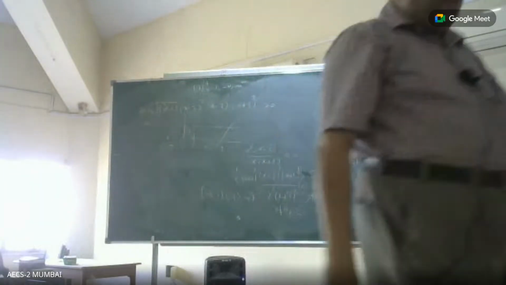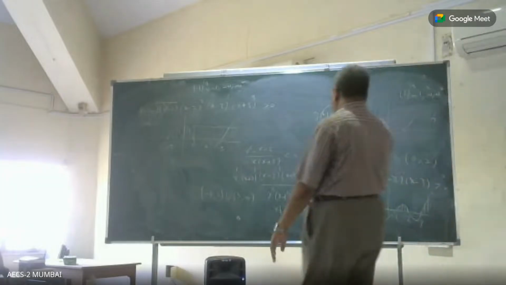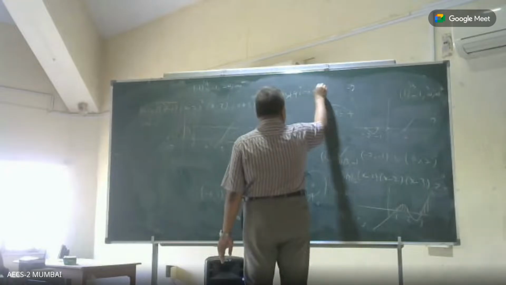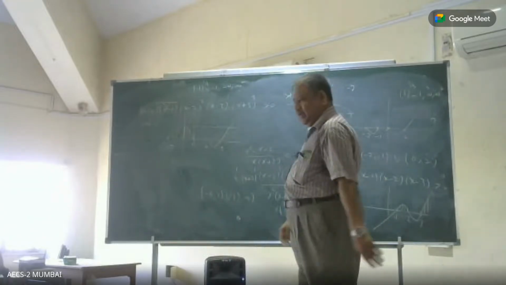Square root is a problem, because if what is inside the square root is negative, it becomes imaginary. And I forgot to tell you, inequations don't exist among imaginary numbers. There is nothing like 3 plus 4i is greater than something.